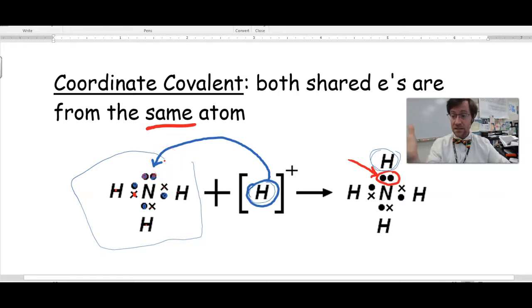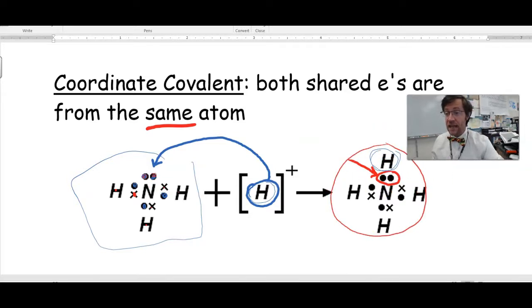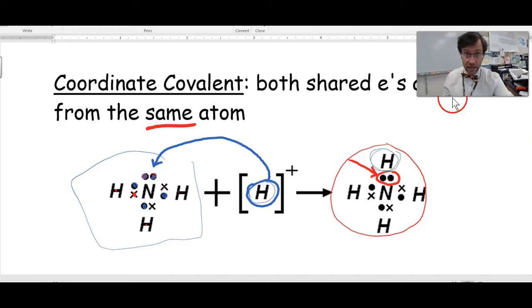One pops into the orbital for the hydrogen, the other stays there for nitrogen, and bam, it makes a bond. It's way more stable than just floating around like that. This is the one example that you're going to be seeing and required to recognize as a coordinate covalent bond. It's this stuff right here called ammonium.